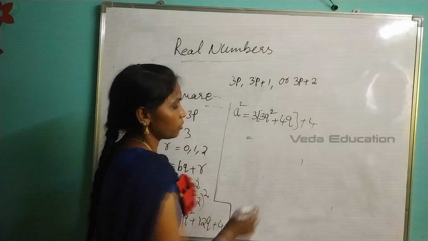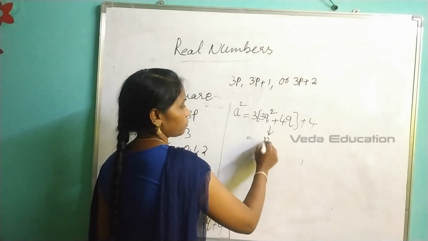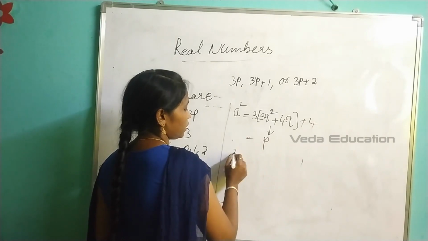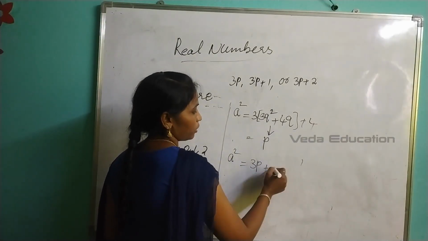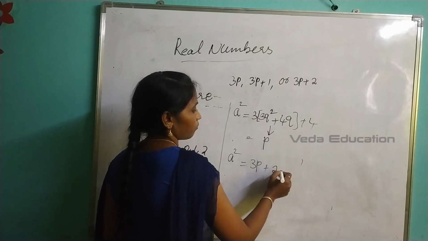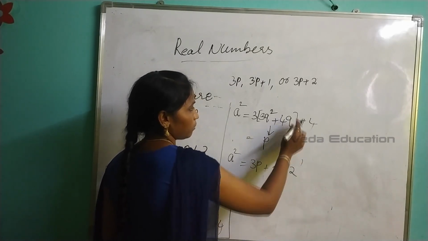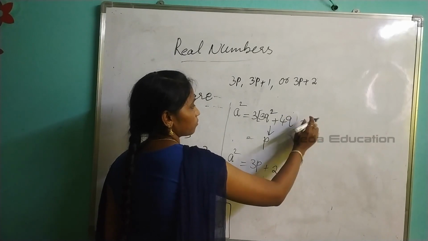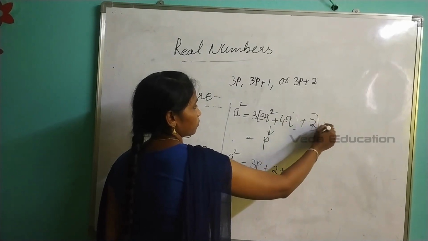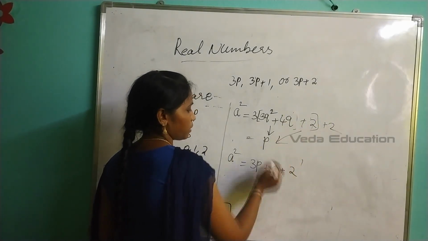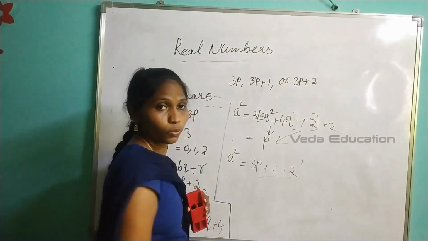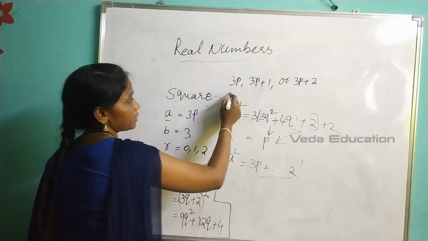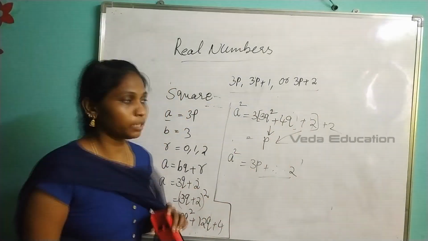So let us assume this as p. Now a square is again in the form of 3p plus 4, which is 3p plus 3 plus 1, so it becomes 3p plus 1. Okay. After squaring, you will get it is in the form of 3p or 3p plus 1.